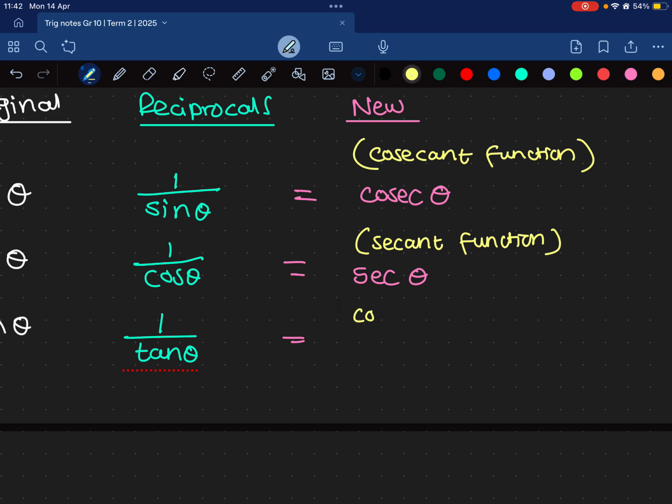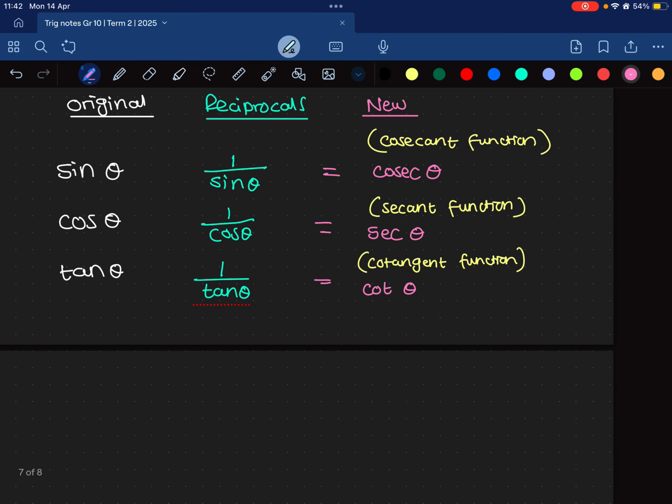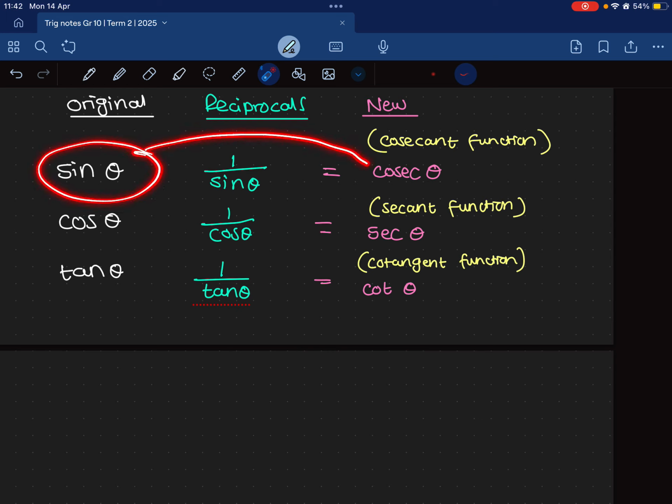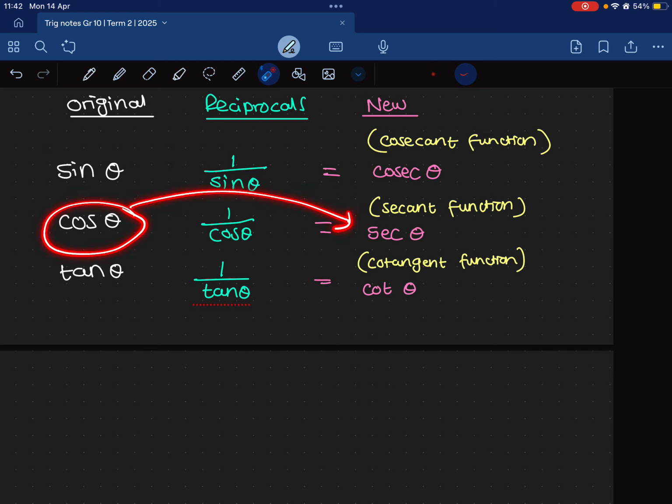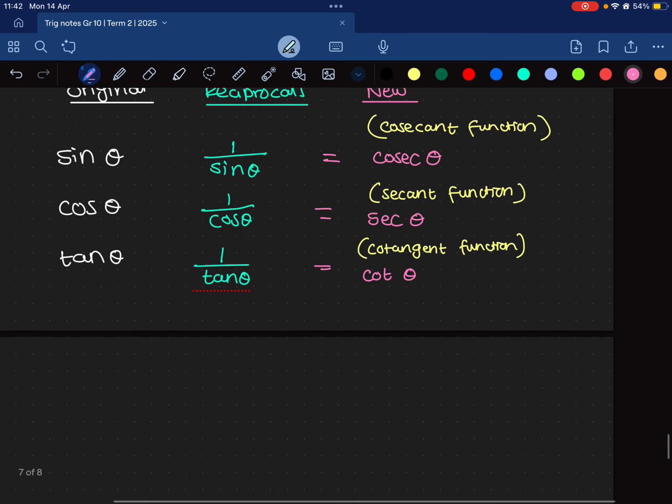And then the last one is the cotangent function, or simplified, cot of theta. So when we look at the reciprocals, sine of theta has the reciprocal cosec of theta, cos of theta has the reciprocal sec of theta, and tan of theta has the reciprocal cot of theta.